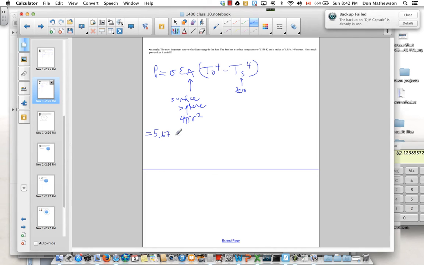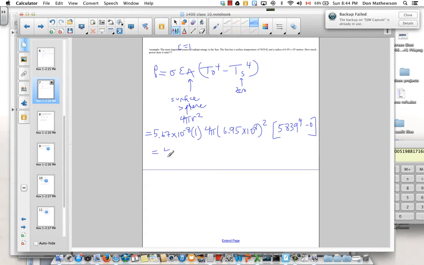We won't bother with the units because we did that last time. We'll treat the sun as if it's got an emissivity of 1. That should be given in the problem. So here we've got 4 pi, put in its radius, 6.95 times 10 to the 8 squared. And then this is going to be 5839 to the fourth minus 0. So let's pause and calculate that.